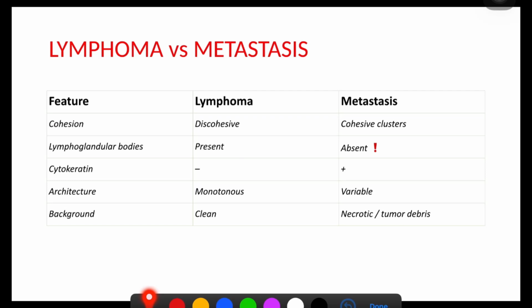So lymphoma and metastasis, if we want to differentiate, first of all cohesion, lymphoma cells are discohesive, metastatic cells having cohesive clusters. Mostly lymphoglandular bodies are absent in metastasis if whole lymph node is involved by the tumor cells, and mostly lymphoma shows presence of lymphoglandular bodies, but you may find lymphoglandular bodies if partially lymph node is involved.